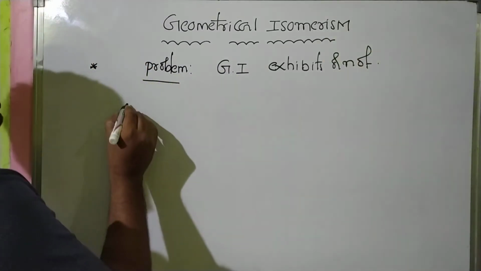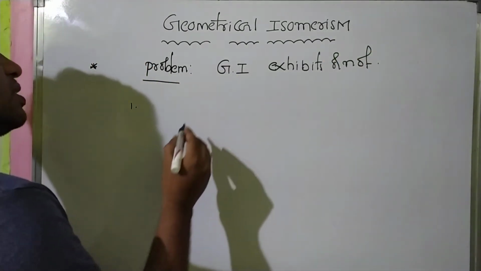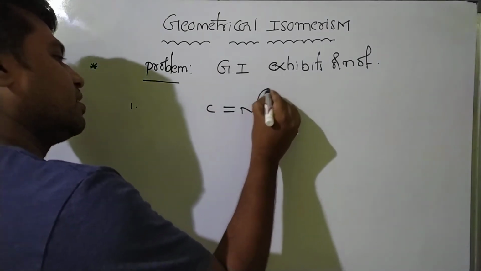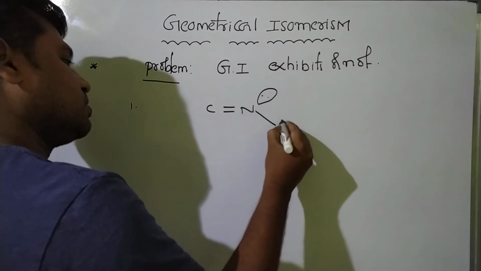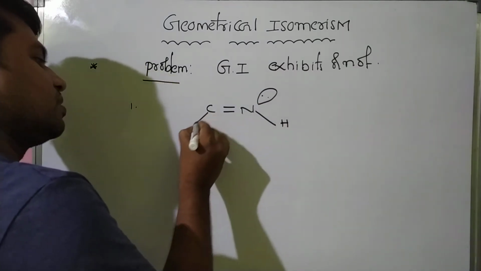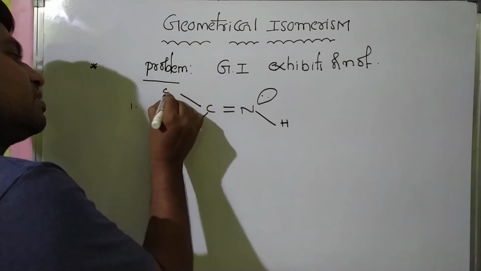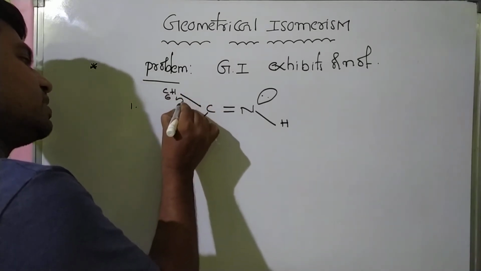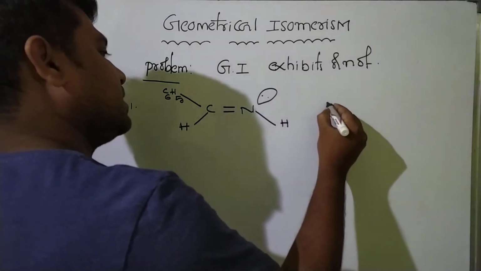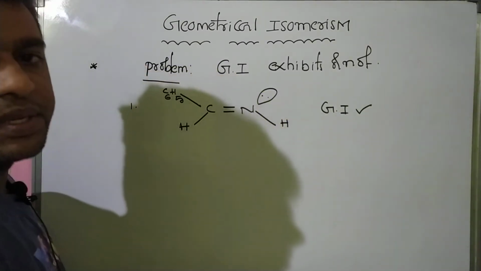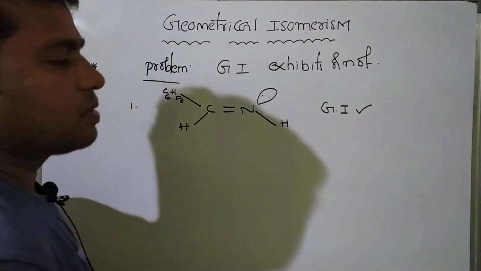The first example is C double bond N. So this is hydrogen. So this is hydrogen. So this again phenyl group C6H5. So this will exhibit geometrical isomerism. Okay, students, I think you understood.